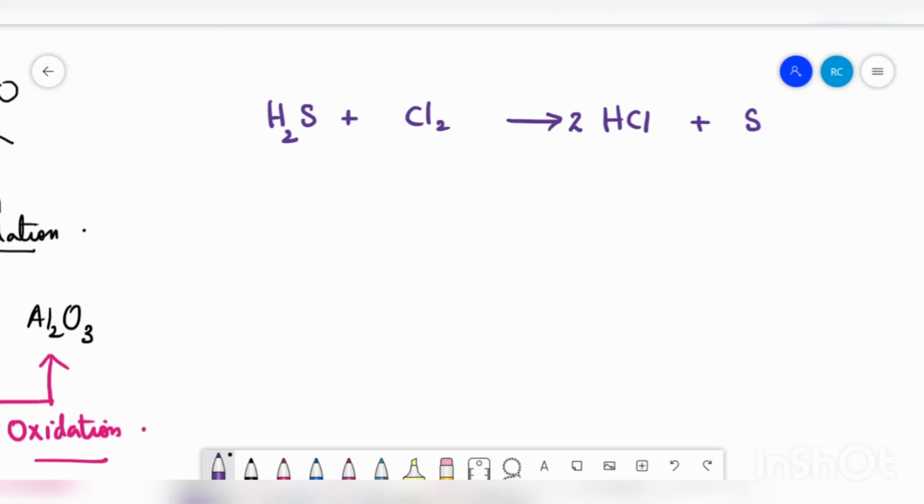Now in this reaction, what happened to H2S? H2S has lost its hydrogen. See, it is converting to sulfur here. So this is loss of hydrogen.